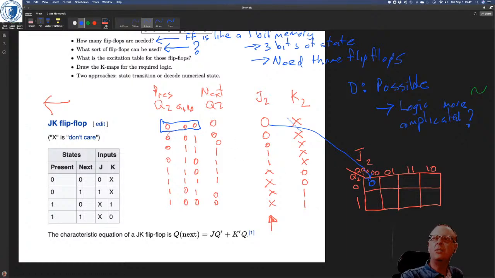The next one is 0, 0, 1, so Q2 is 0 and we've got 0, 1, so we put that entry in there. Then it's 0, 1, 1, which is this box here, and it's a 0.